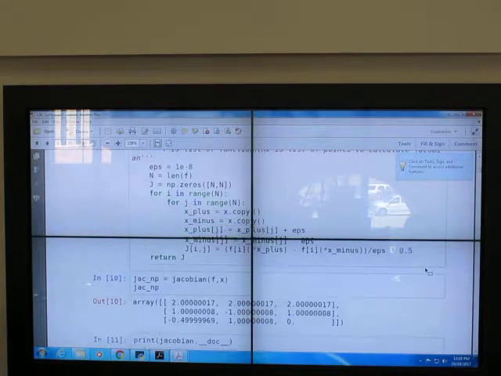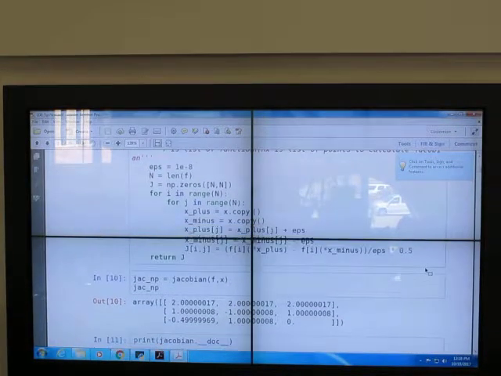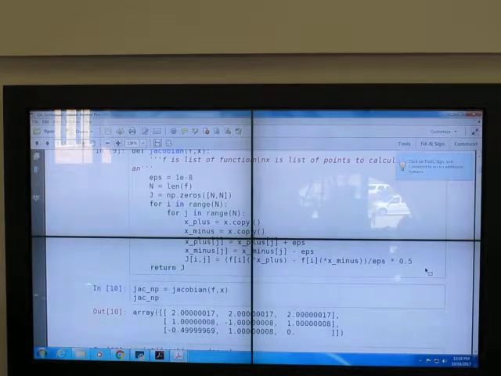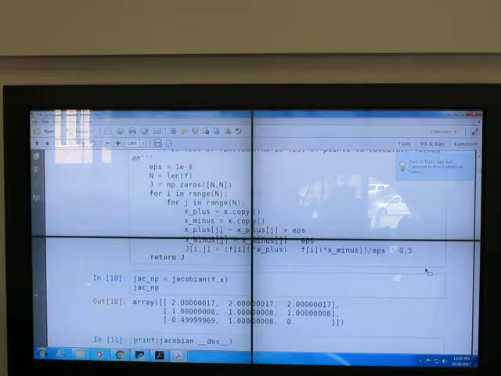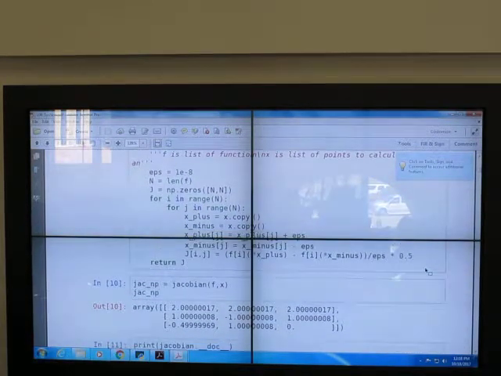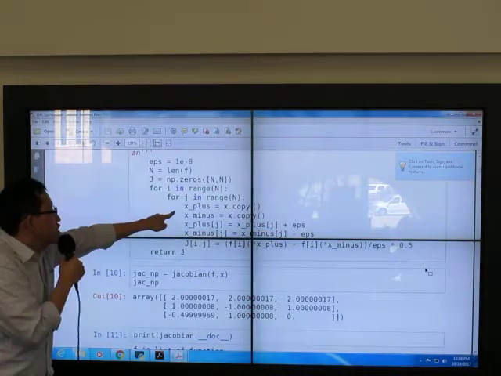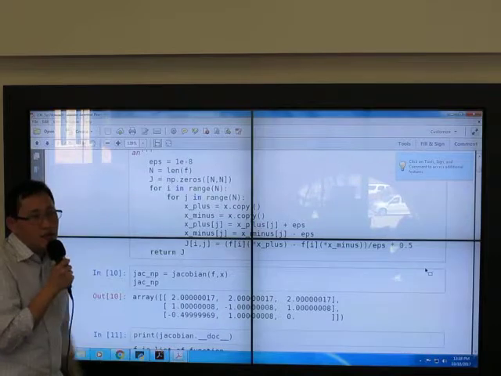Why do I do this? You will later on go home and try to create the Jacobian function by yourself, and eventually you will find that you have to do this, otherwise it doesn't work. The trick in the Jacobian calculation is that in every loop, we reset x plus.